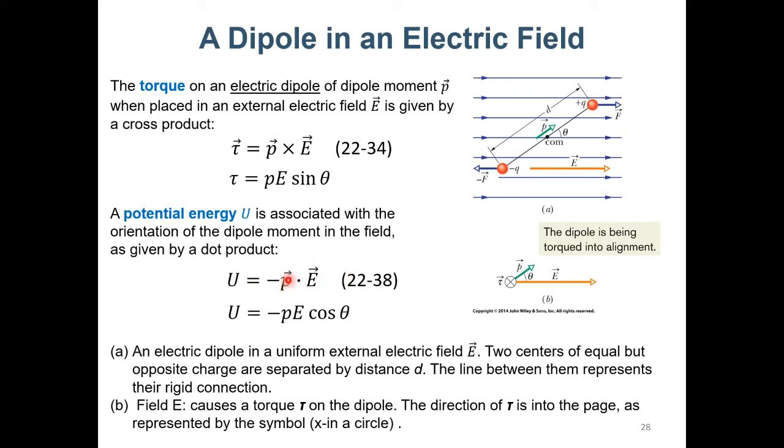So it is the dipole moment dot the E field. Theta is the same definition, and here we have a cosine theta.